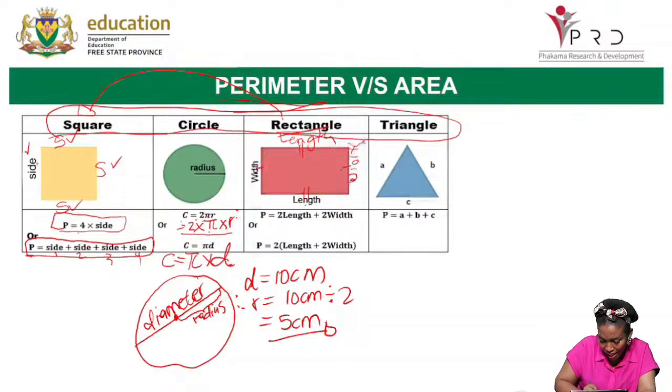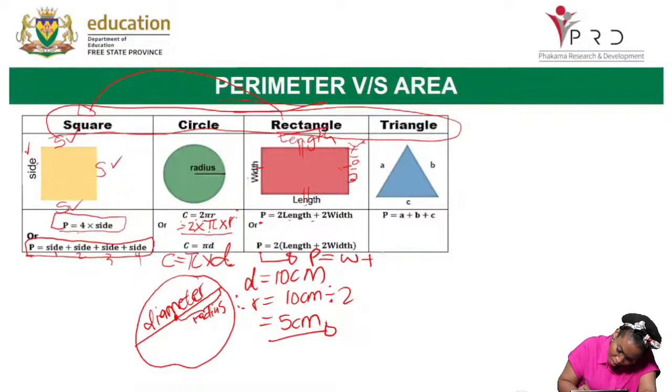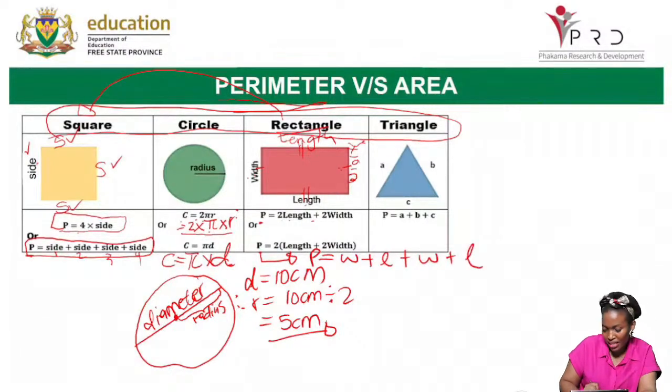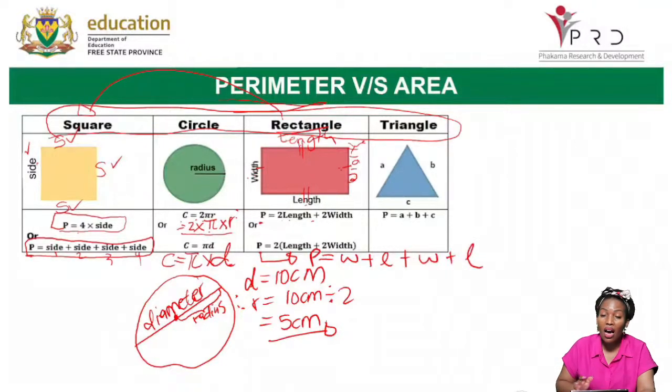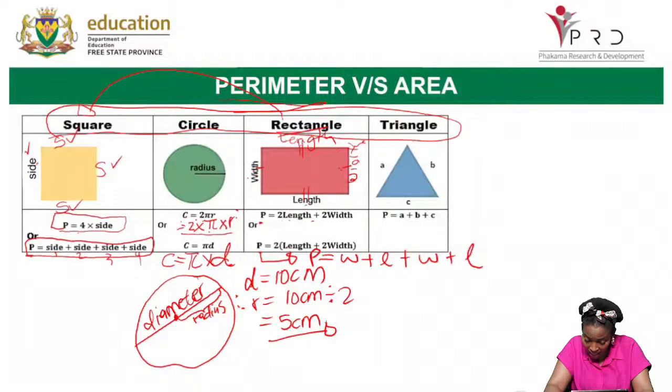Therefore, the perimeter will be equal to 2 times length, because you've got 2 lengths, plus 2 times width, because you've got 2 widths. Or you can just say perimeter equals width plus length plus width plus length. Now you are doing it manually, 1 by 1. That is how you can do it if you like.